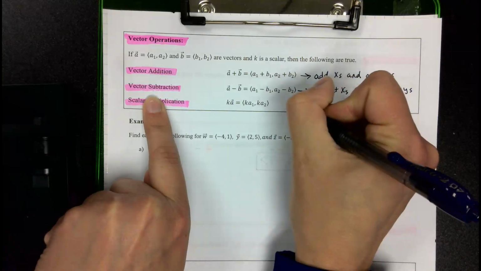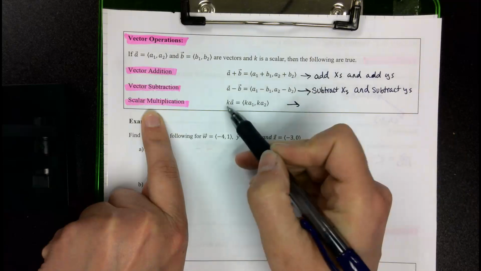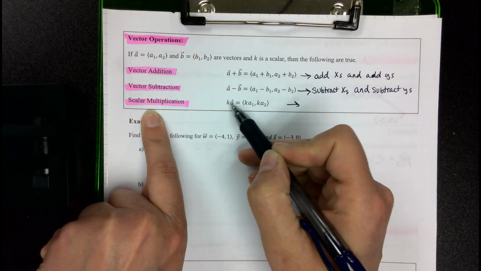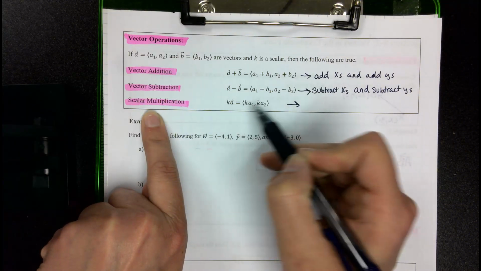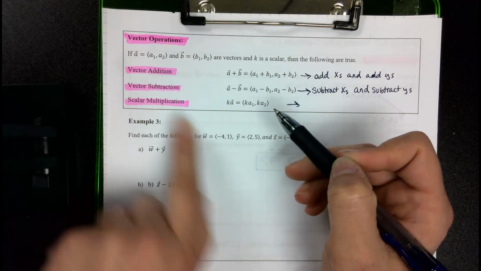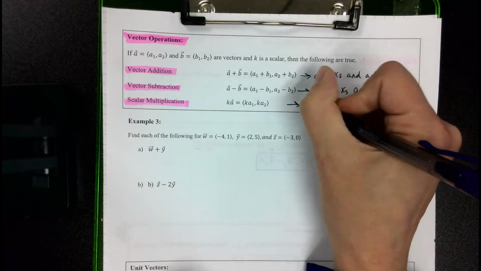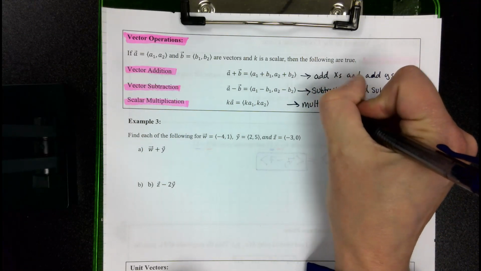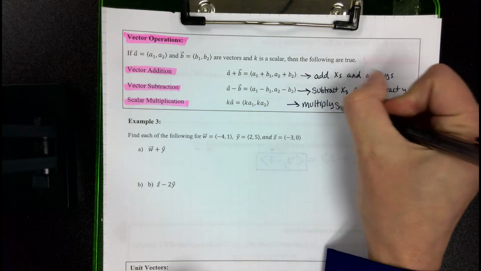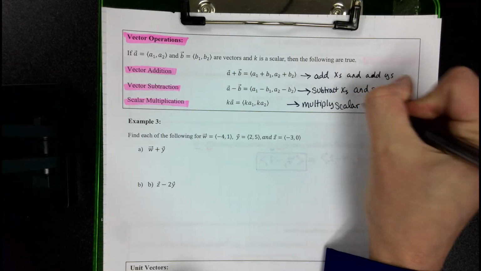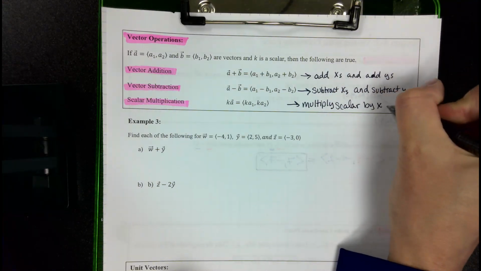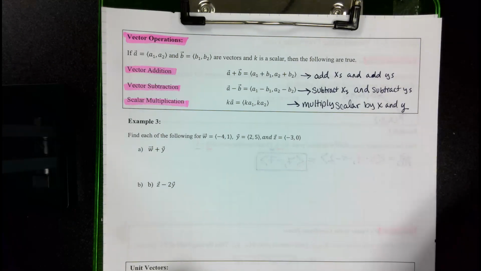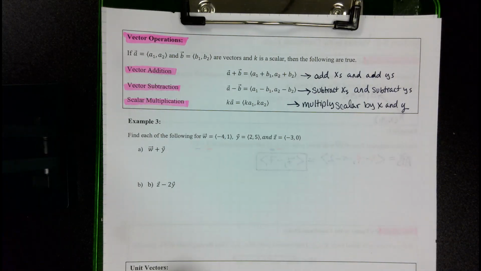And then for scalar multiplication, in this case k is my scalar value. It's k times vector A. I'm going to multiply both x and y by the scalar. So multiply the scalar value by x and y. So those are the operations.